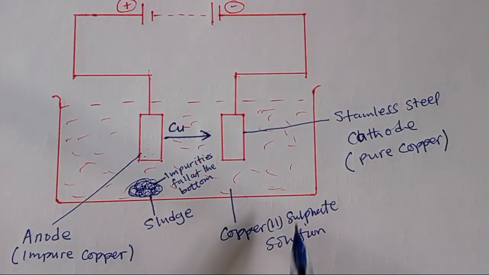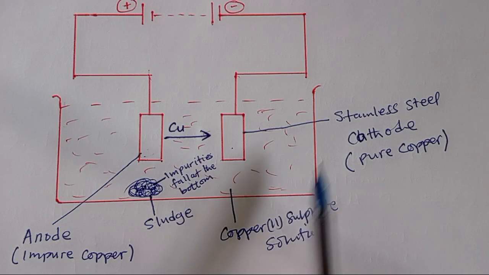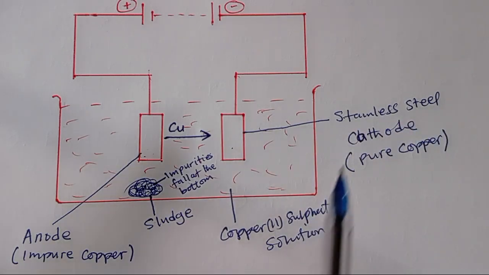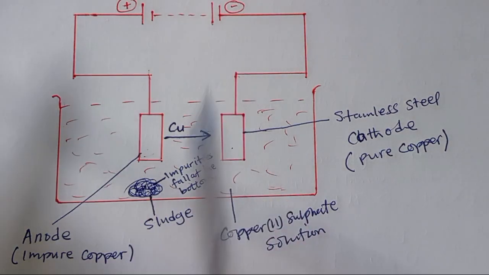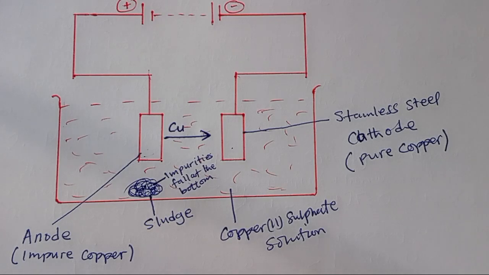So the pure copper is attracted to the stainless steel cathode. Remember that the cathode is negatively charged, so it is attracting the positive charges of copper.